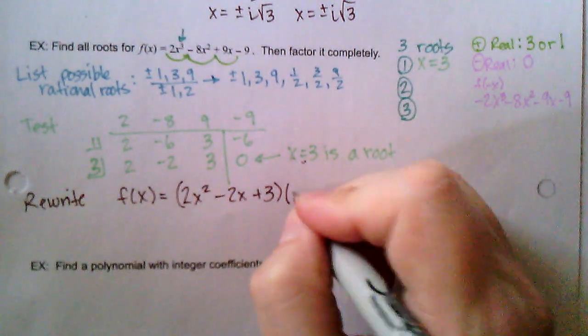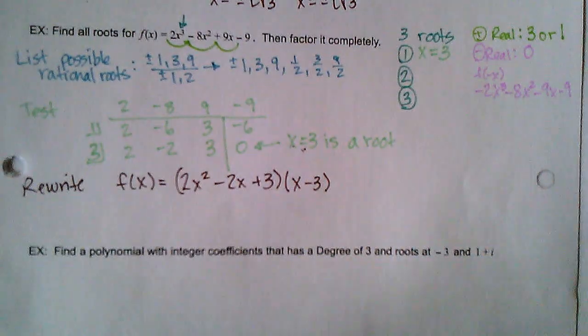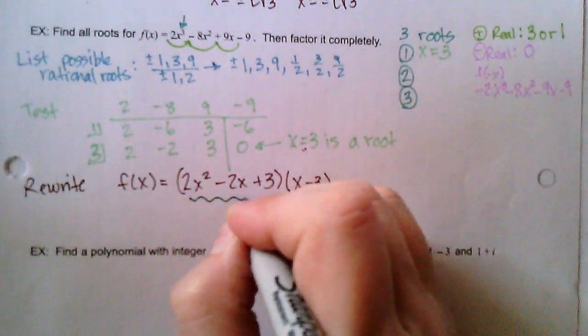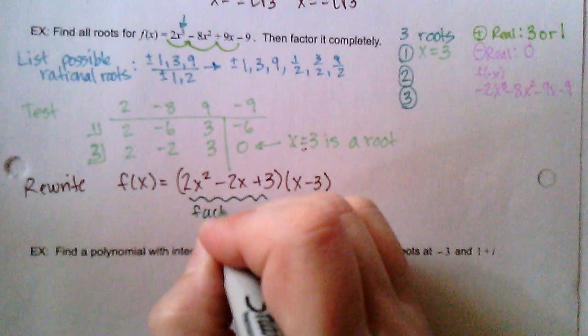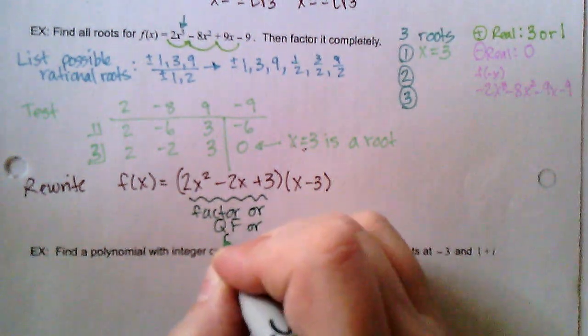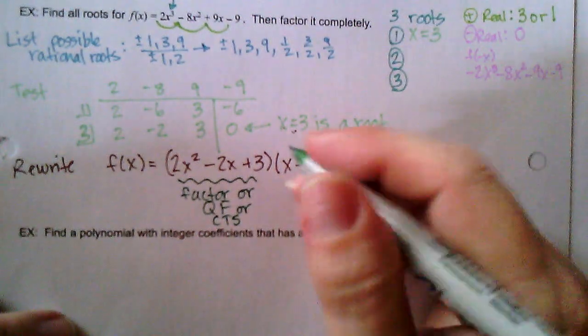So x equals 3 would turn into x minus 3. And then since my quotient is quadratic, I will either factor it or use the quadratic formula or complete the square. I think I will use the quadratic formula.